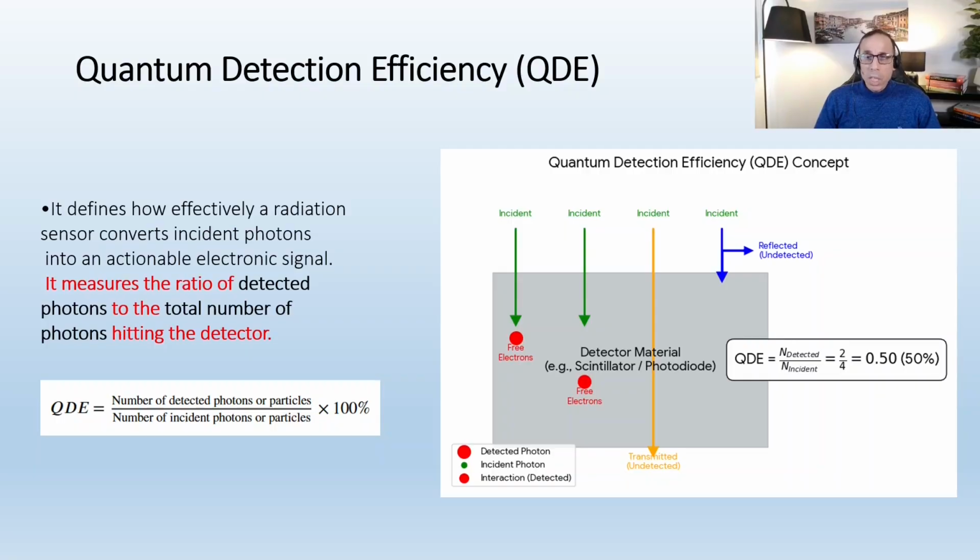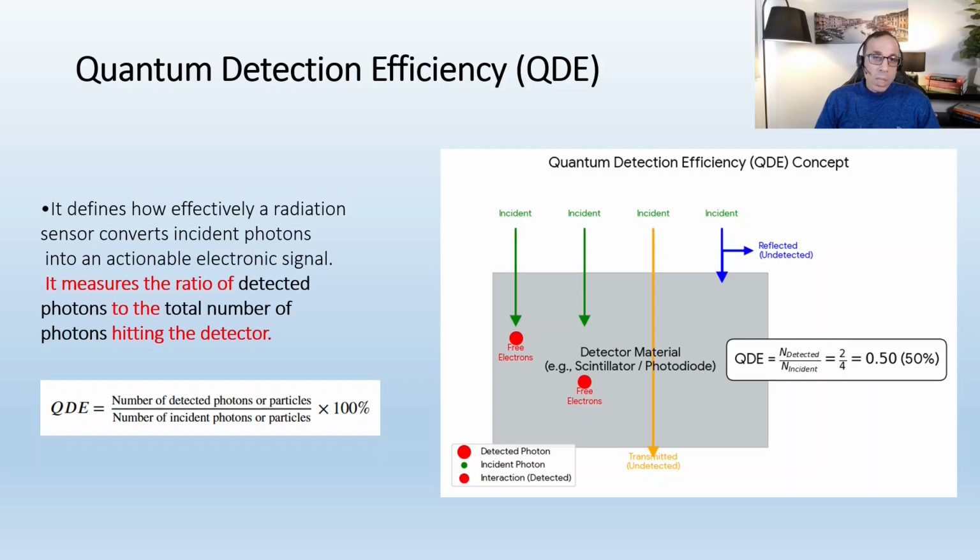According to the definition of the QDE, QDE measures detector efficiency at converting incident X-ray photons into a usable signal. As you can see here, QDE is the ratio of the detected signal to the number of incident photons.